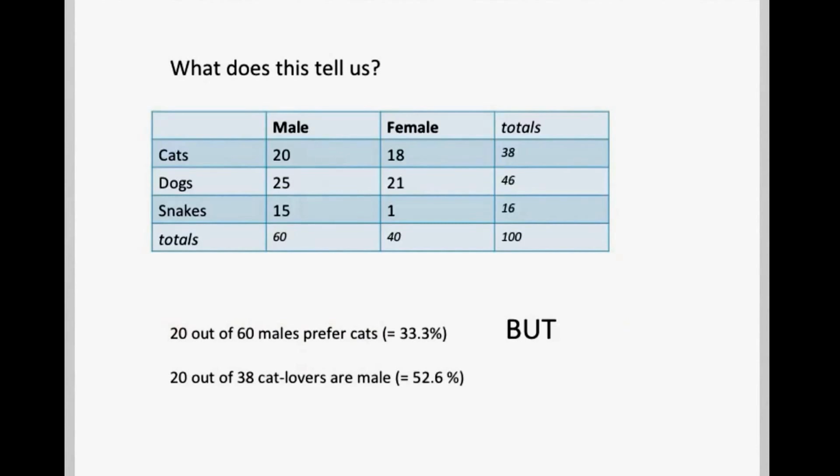But 20 out of 38 cat lovers are male. And that is about 20 divided by 38, that's about 52.6%. So do you see the difference between the statements that we make here?